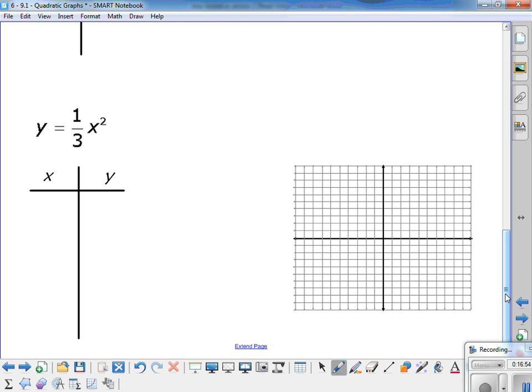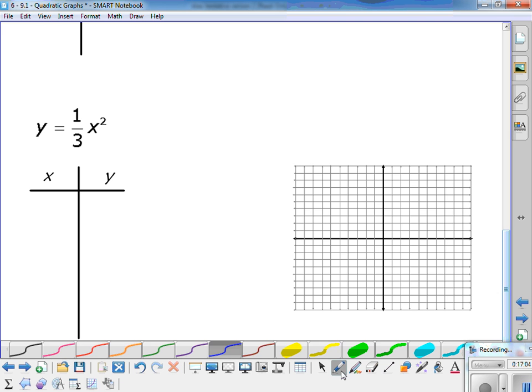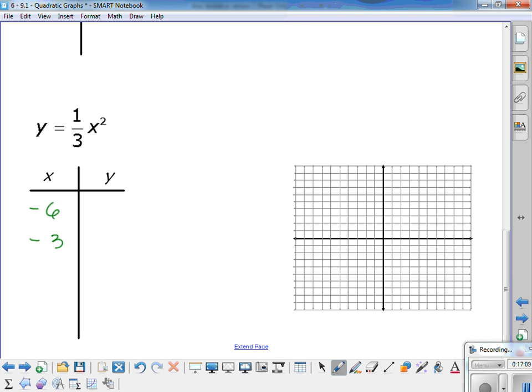So what number would I have to multiply by to make the fraction go away? 3's, right? So I'm going to use multiples of 3. So instead of -2, -1, 0, 1, and 2, I'm going to use -6, -3, 0, 3, and 6. And that way when I put it in, my fraction is going to go away.